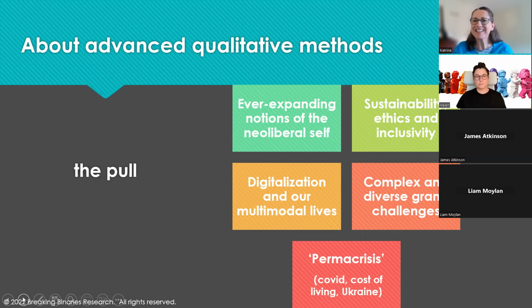Somewhat alarmingly, the world is more complex and we are moving through very difficult times, with the continuing expansion of neoliberalism, and challenges around issues like sustainability, ethics, and inclusivity, and how this all wraps up into grand challenges. So we no doubt all recognise that what we are trying to study is getting harder to identify. It's getting harder to actually pull apart and unpack.